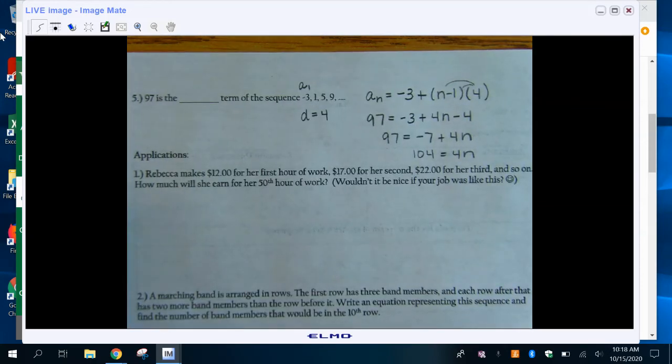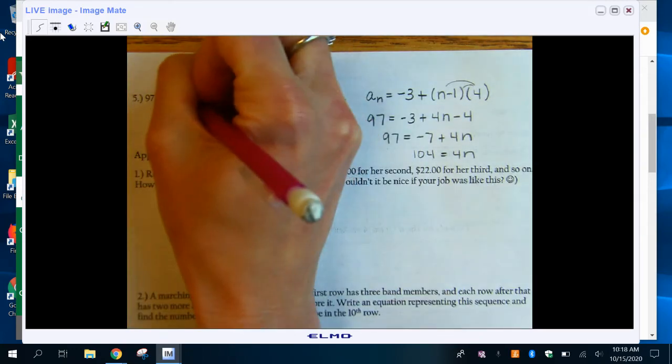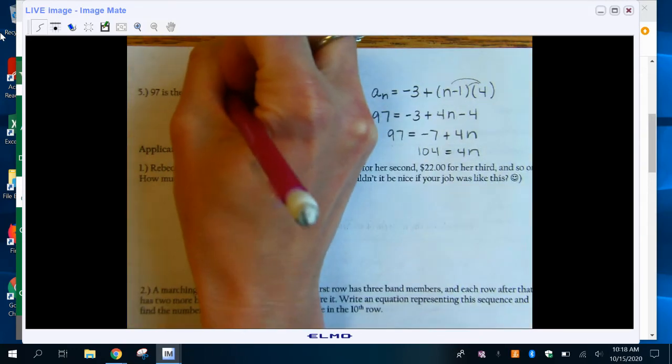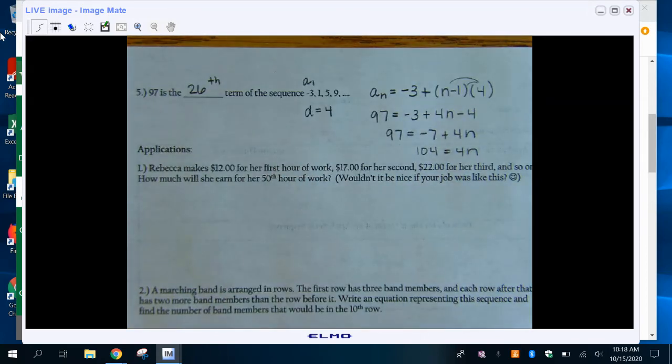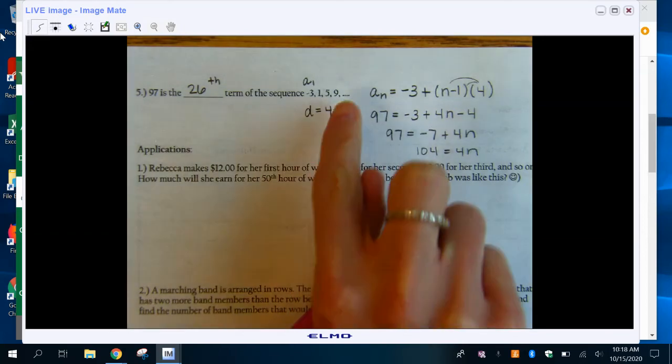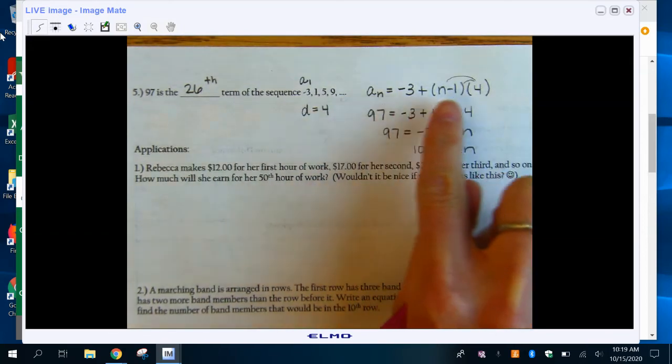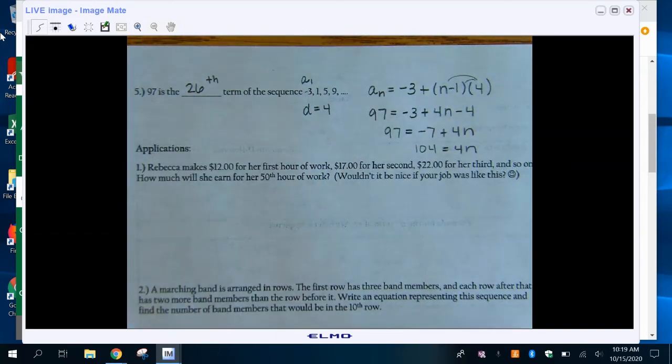Divided by 4 is 26. So that means that 97 is the 26th term of this sequence. So if I were to continue adding 4, when I got to the 26th term, that term would be 97.